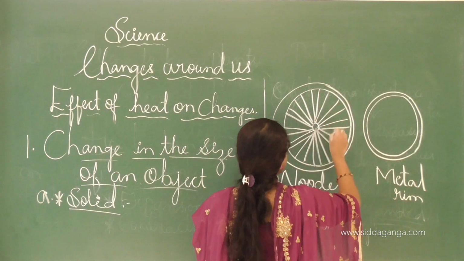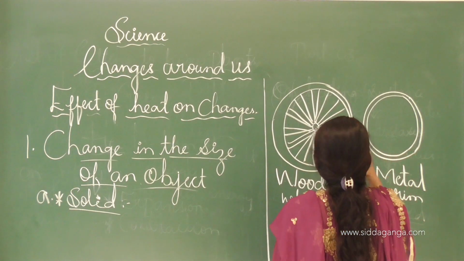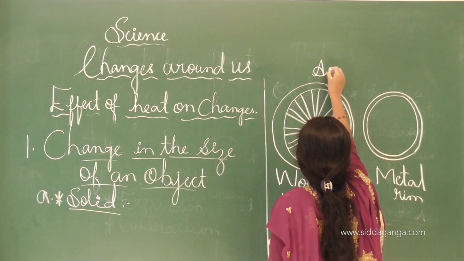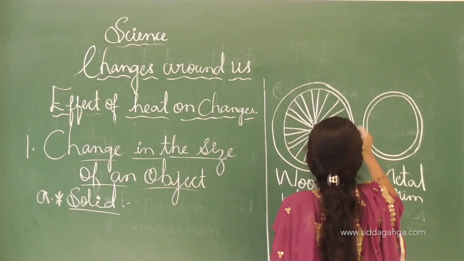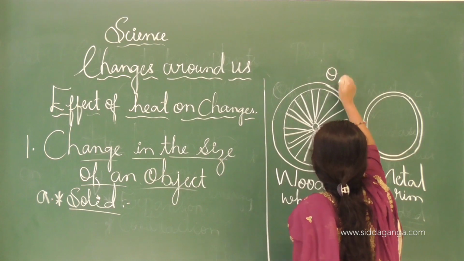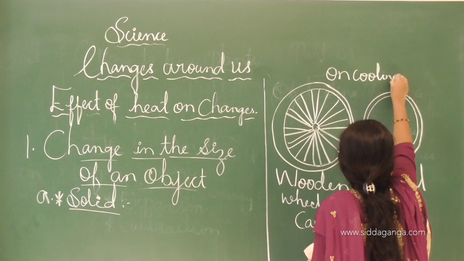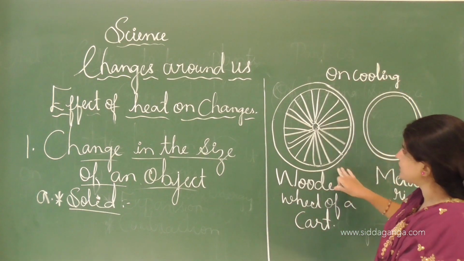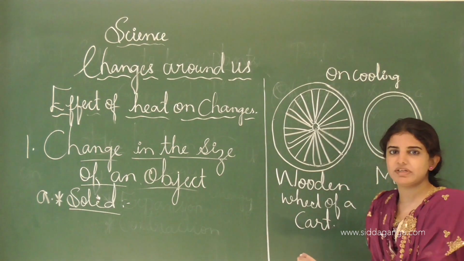See, like that. On cooling, the metal rim comes back to the original size so that the wooden wheel of a cart is fixed completely.